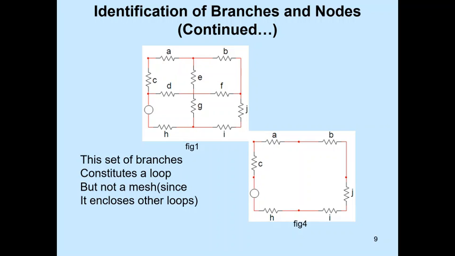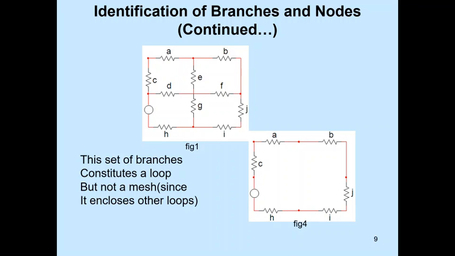See here, there is a set of branches. What are the branches? There is C, A, B, J, I, H and the voltage source. This becomes a closed path and it encloses the nodes only one time. So it constitutes a loop.